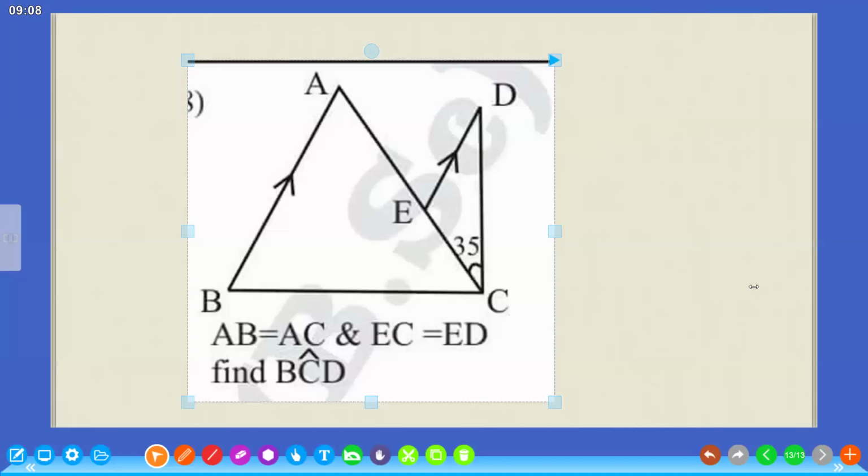Okay, Medana. Okay, Darun. Sudiksha, check your answer.